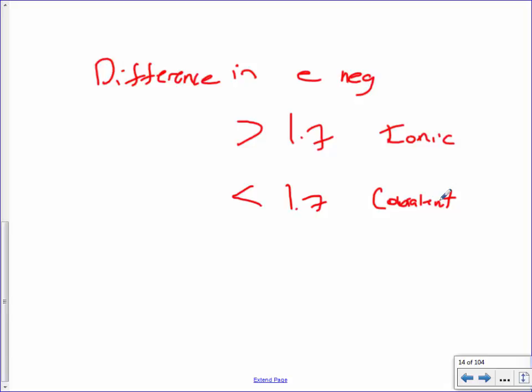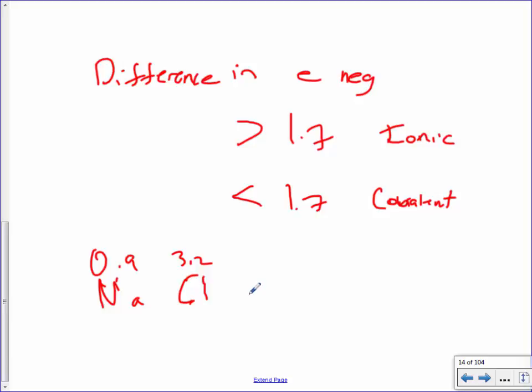Probably the most common example of an ionic bond that people start with is sodium chloride. What's the electronegativity for sodium? What's the electronegativity for chlorine? Okay, this is the only math you have to do in this unit.